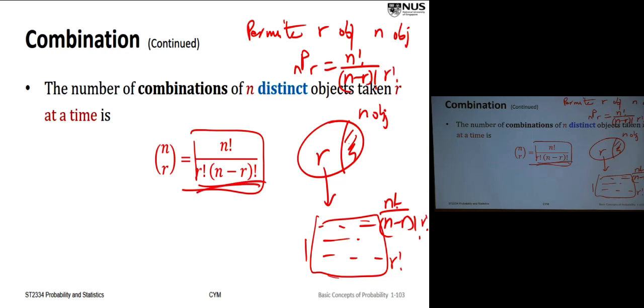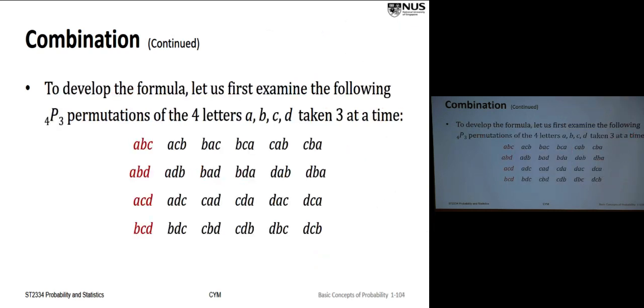All right, now let me show you in this example. 4 letters, A, B, C, D. Take 3 at a time. If I choose A, B, C, so these are the arrangements. Remember: 4 factorial, divided by 4 minus 3, taken 3 at a time.